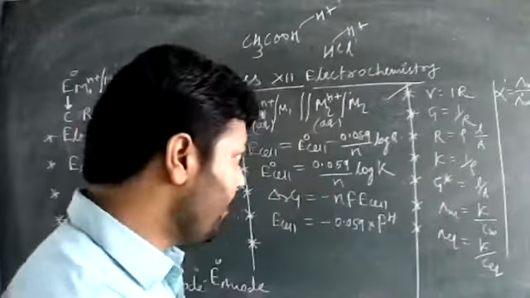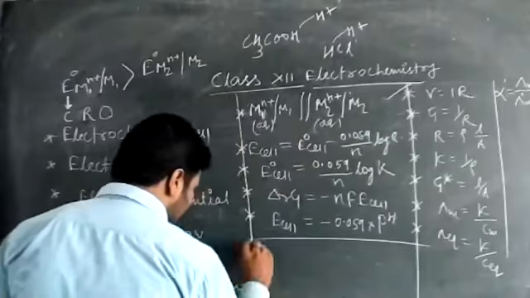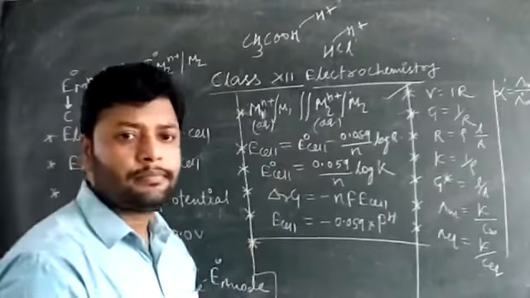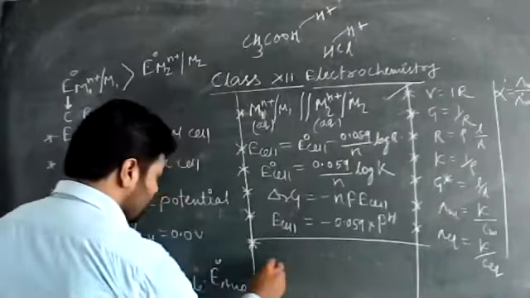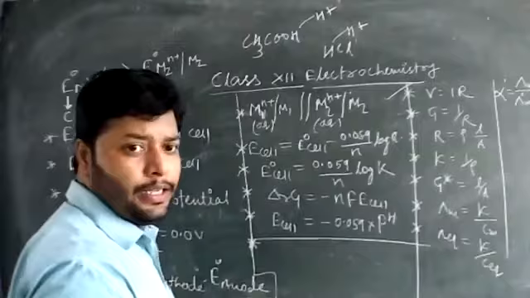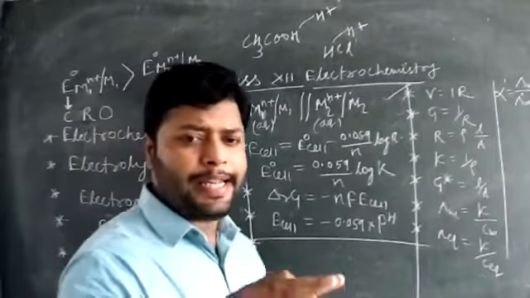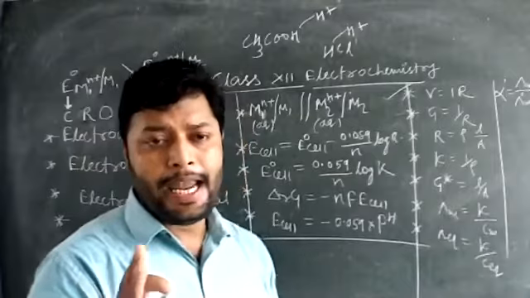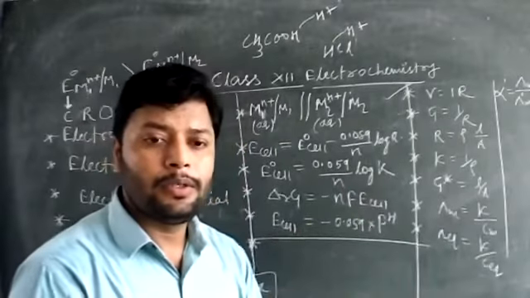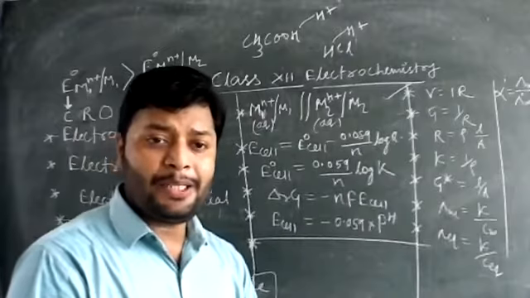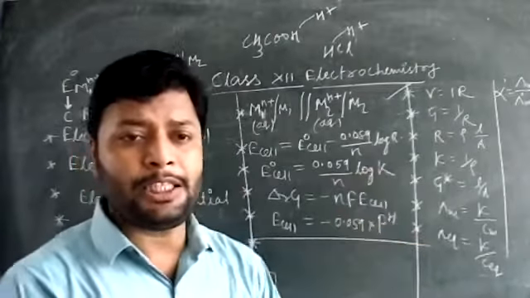For example, you can take any example from there. Suppose we have copper or zinc or iron. You can take any example. Suppose we have a FeCl3 solution, and we pass electricity through the FeCl3 solution.